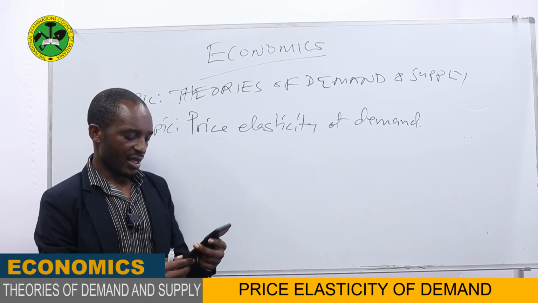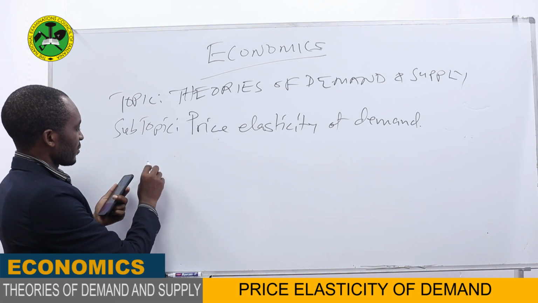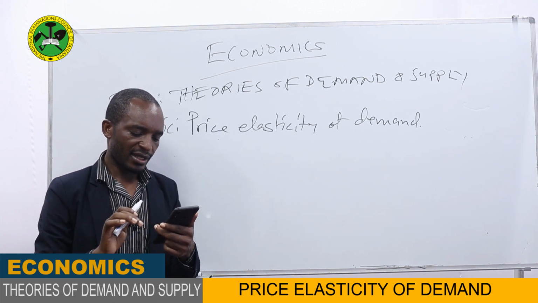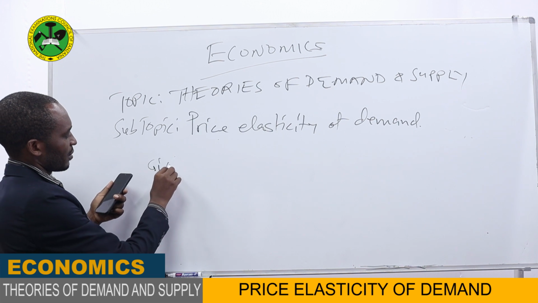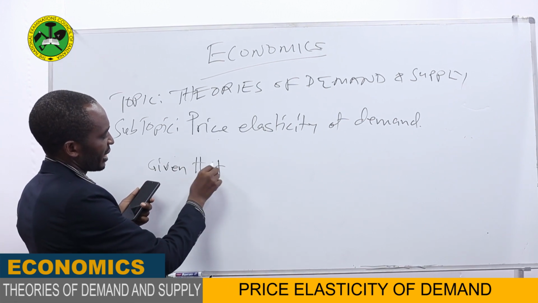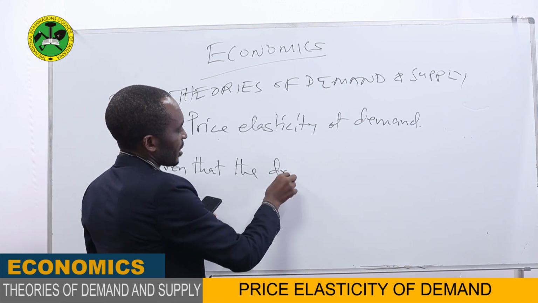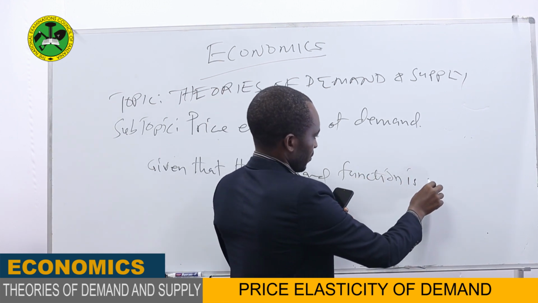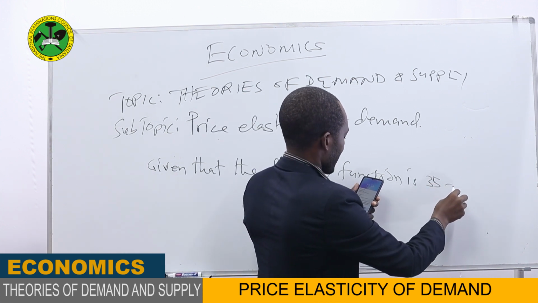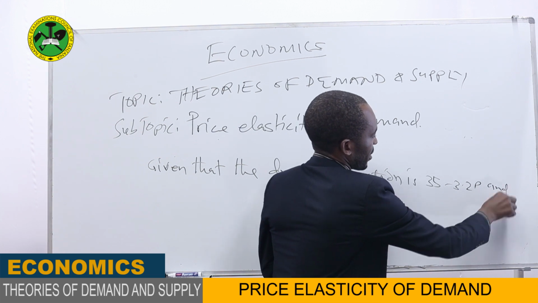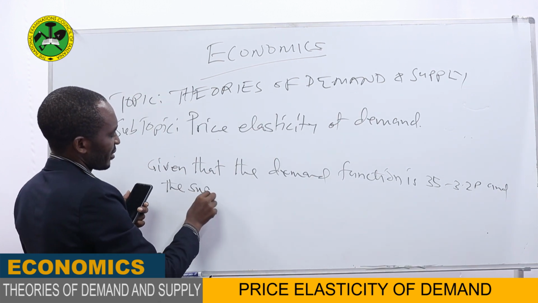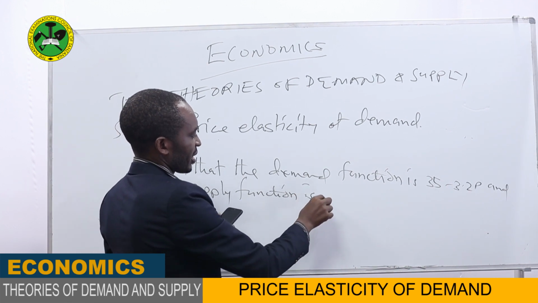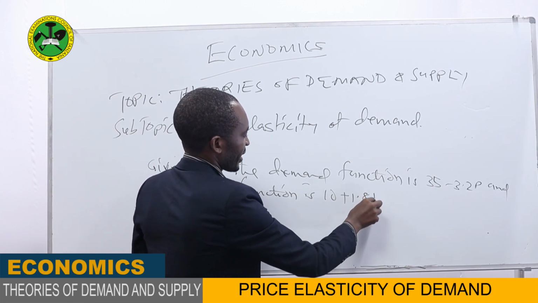The question from Eric says, given that the demand function is 35 minus 3.2p, and the supply function is 10 plus 1.8p.